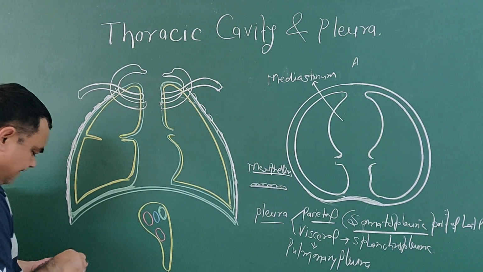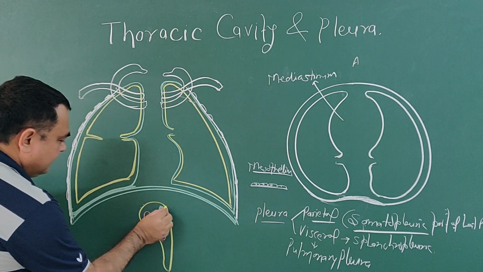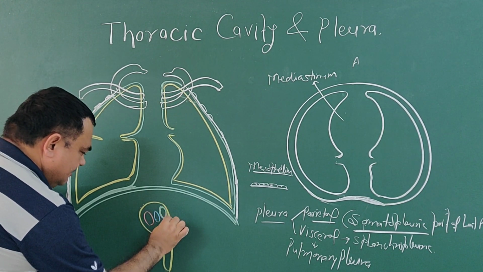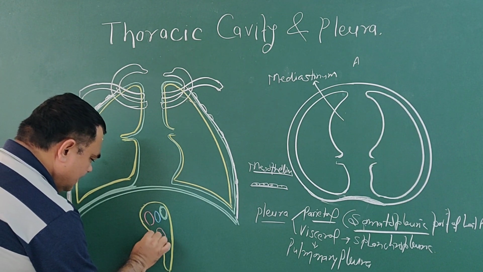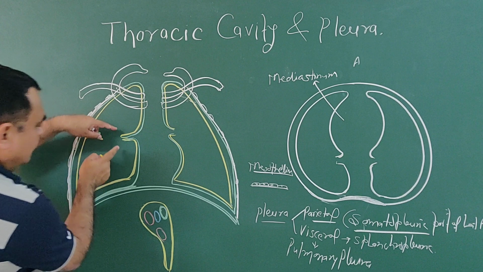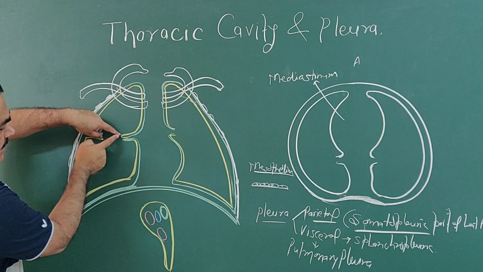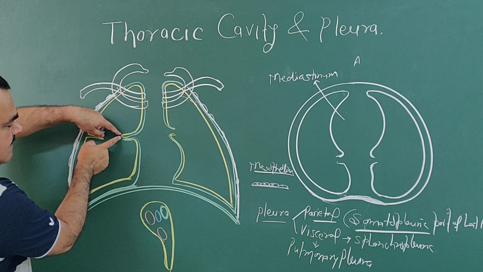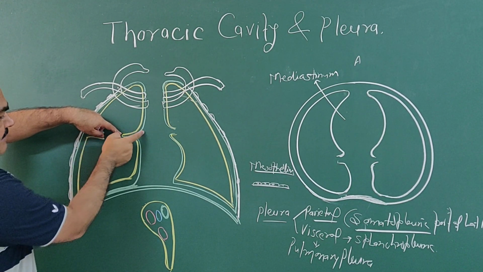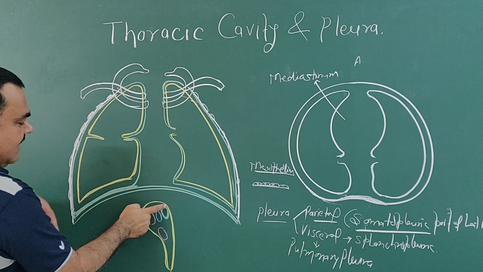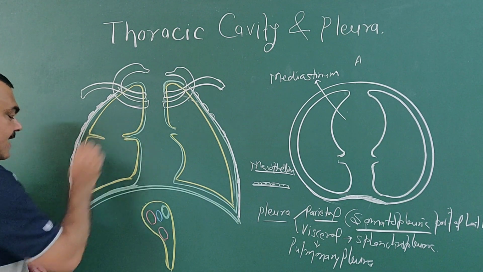Here you can see this part is where the two layers are continuous with each other, parietal and visceral layer.